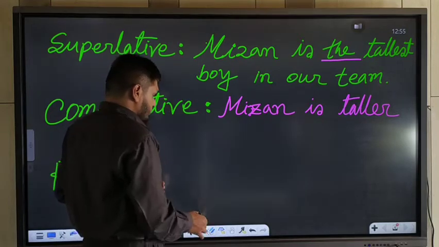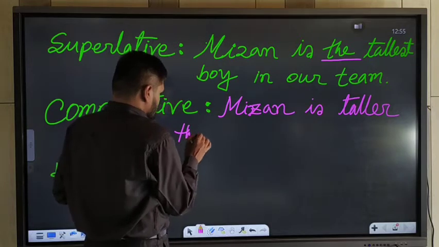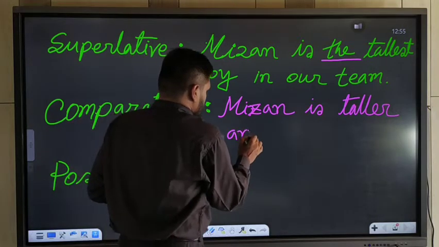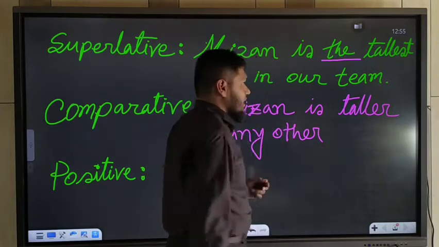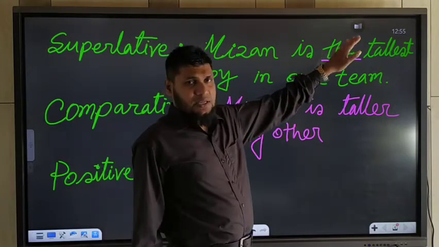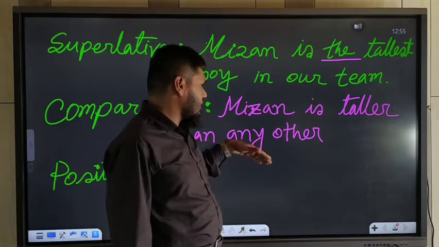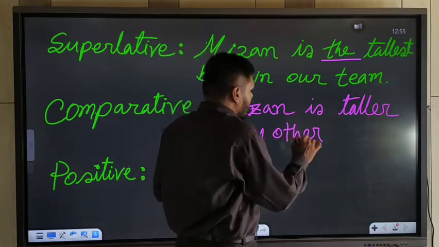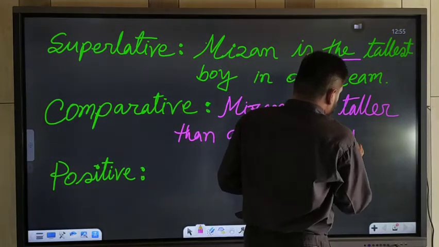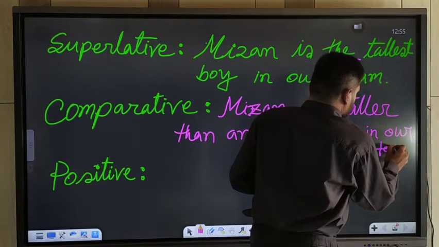Now you should write down than any other. We know that if there is the in superlative degree, you should use then any other in comparative degree. Okay. Then the extension part. Boy in our team.